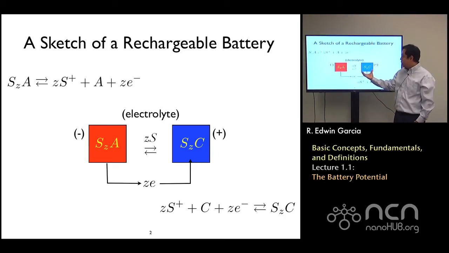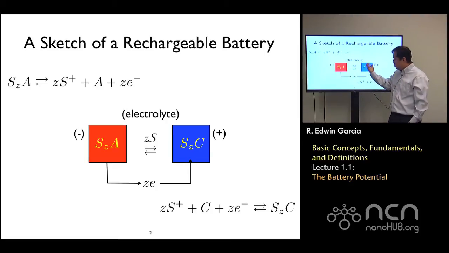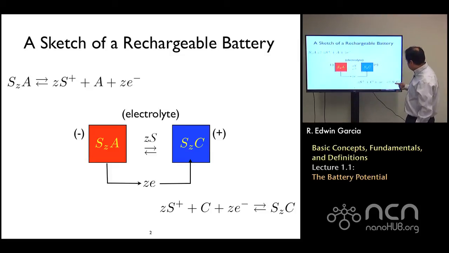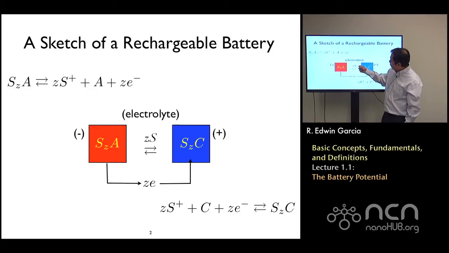If you want to make it rechargeable, typically what you do is you force the reaction in the opposite direction. Basically, you rip the electrons out, put them back in here, forcing the reaction in the opposite direction, making the ions diffuse back and react with the species in the anode. And if we do this many times, hopefully in a reversible way, then we will have a rechargeable battery.